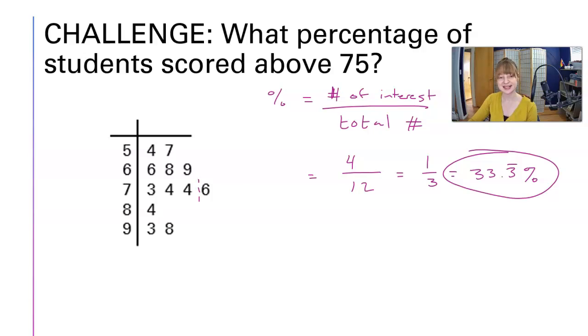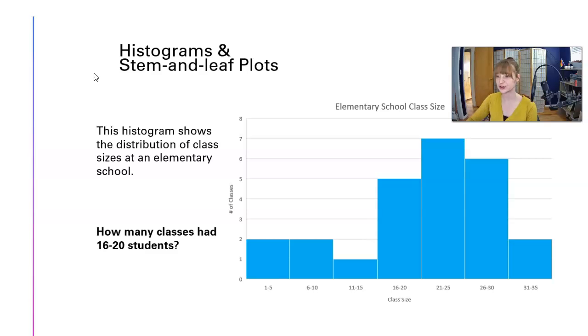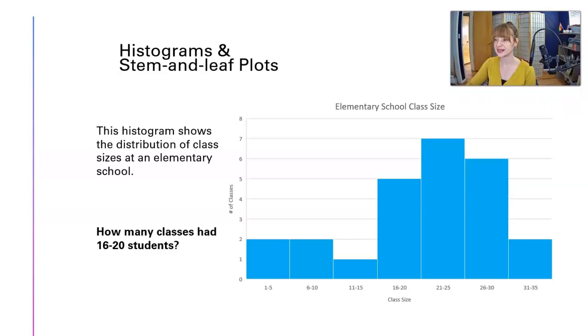We also looked at histograms. So remember, a histogram is a lot like a bar chart, but now we have intervals down here. We have a range of numbers instead of categories. So instead of chocolate chip, we now have a class size of 1 to 5, or a class size of 6 to 10. Any class that's between those numbers will get counted in this bar.